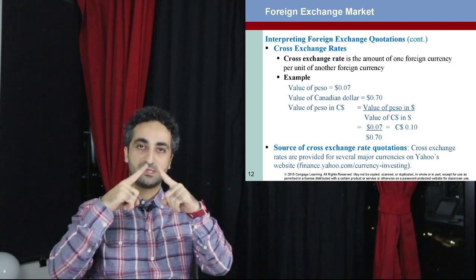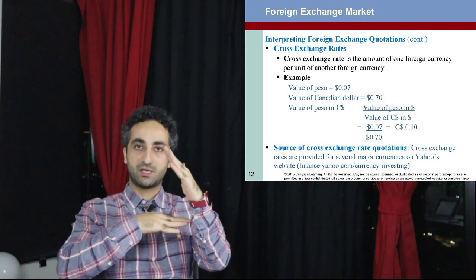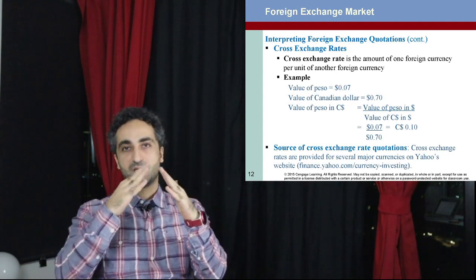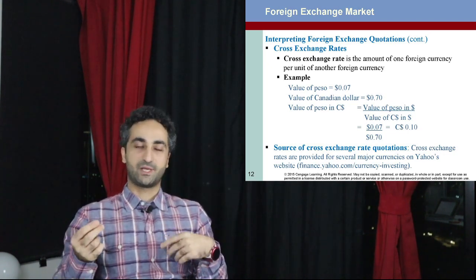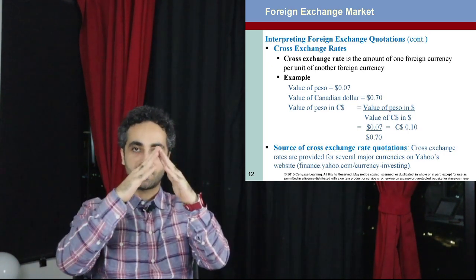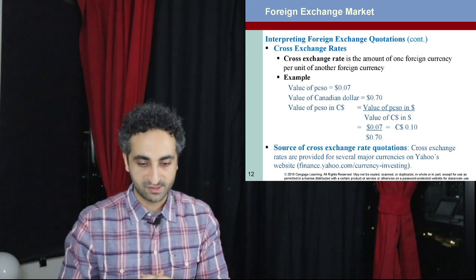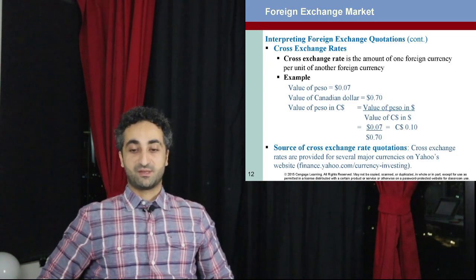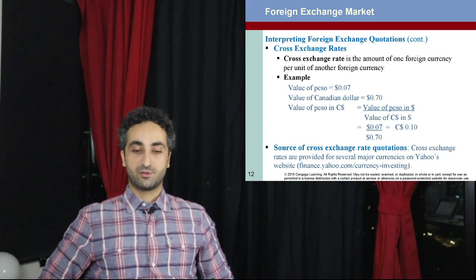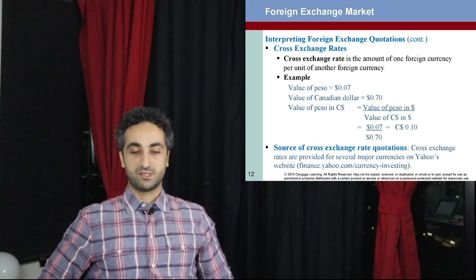Based on these two pieces of information, I can simply calculate the price of euro to ringgit or ringgit to euro. It's like a triangle. I have one missing piece. Okay, so cross exchange rate is the amount of one foreign currency per unit of another foreign currency.